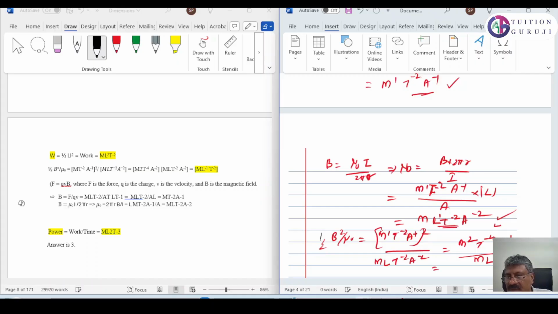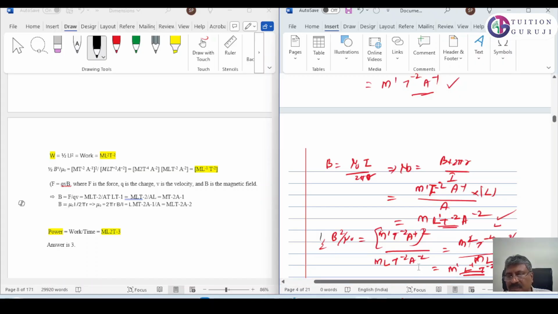So what we will get: M square and M gives M raised to 1, then L raised to minus 1, T raised to minus 4 going up against T raised to minus 2 gives T raised to minus 2. Then A raised to minus 2 on both cancel. So M raised to 1 L raised to minus 1 T raised to minus 2.